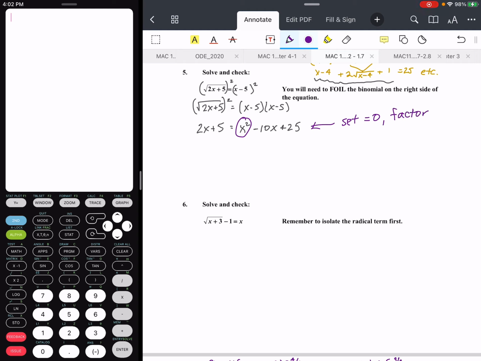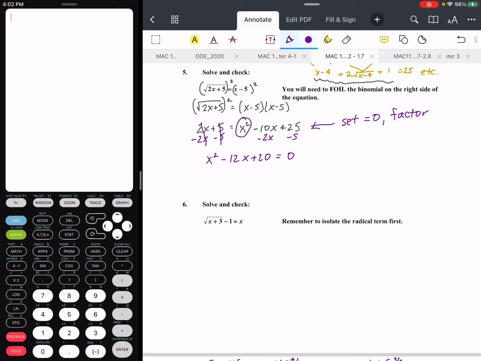So I usually like to keep the coefficient of x squared positive. So I would subtract 2x from both sides and then subtract 5 from both sides. So this gives me x squared minus 12x and then plus 20, and on the right-hand side equals 0.